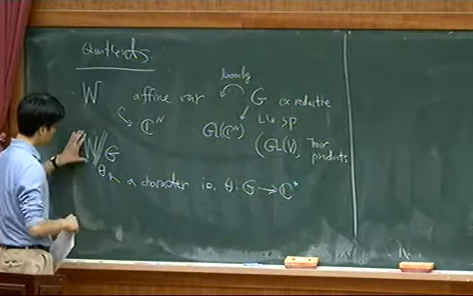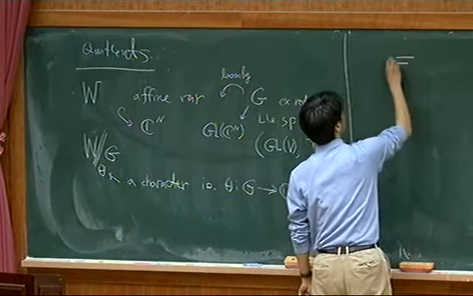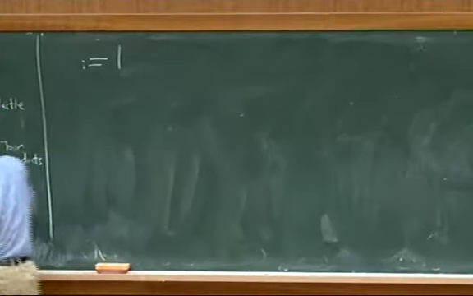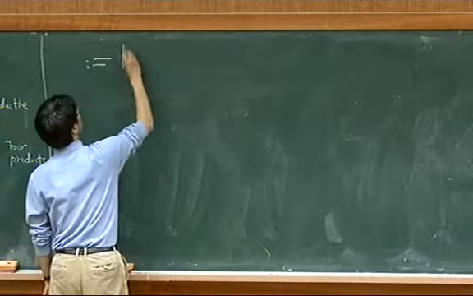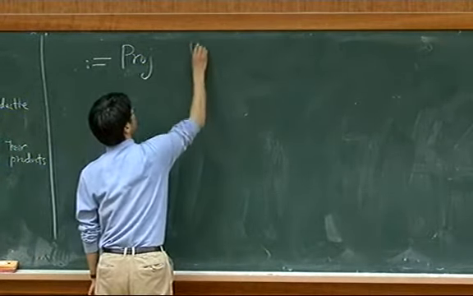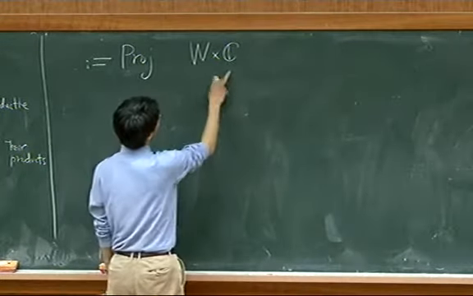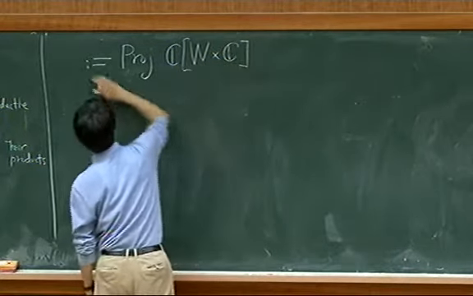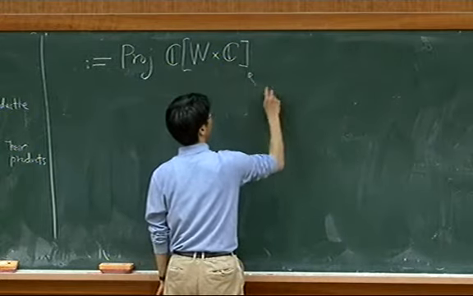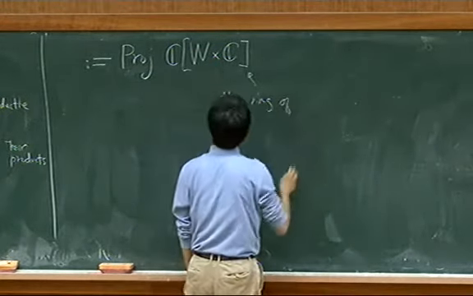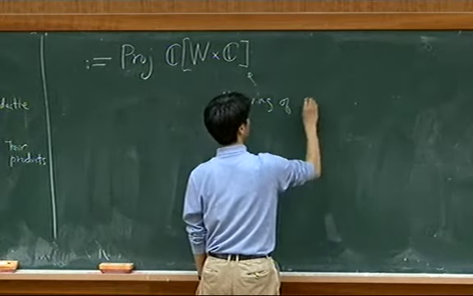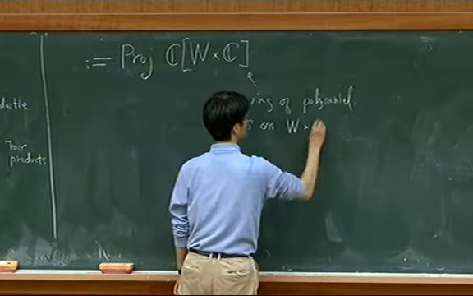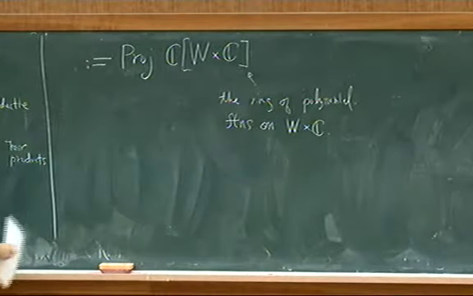And then the definition of this is as follows. First of all, consider W as a product of a trivial line bundle on W. Then I'm going to take the ring of polynomial functions on W times C. If we take the product of that, we'll get W itself.